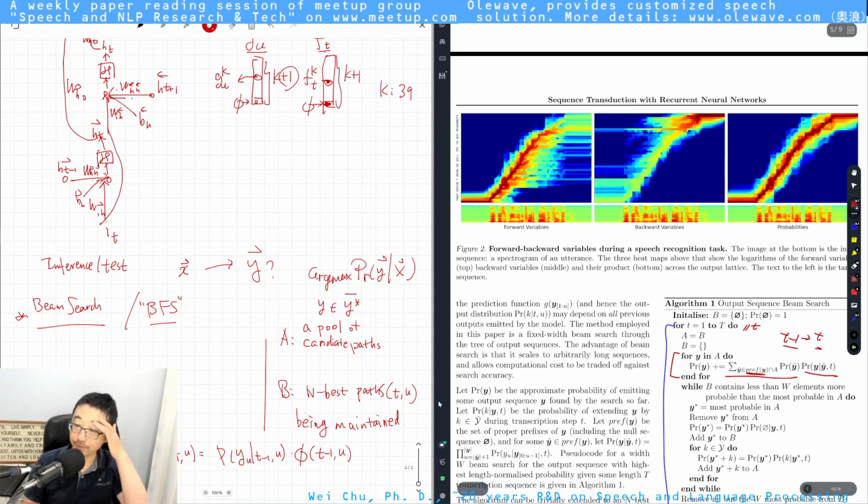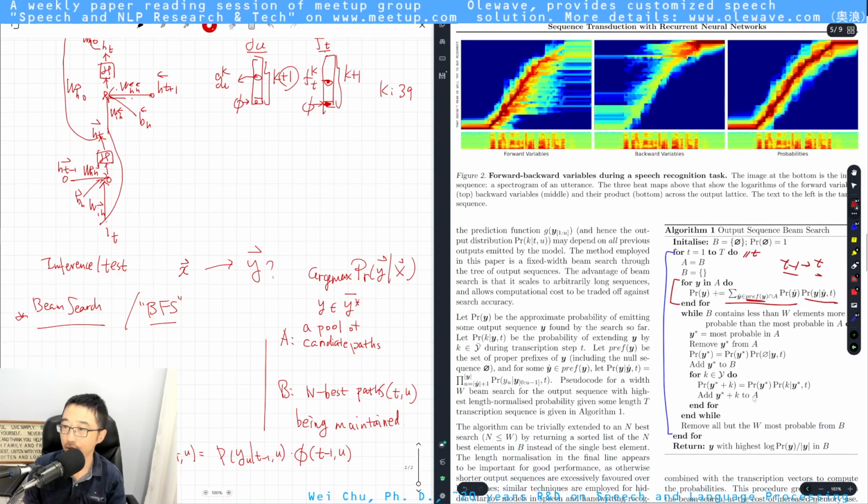All right, and I think I got the idea correct. But I won't go into details because you can see that this is how he defined this over here.